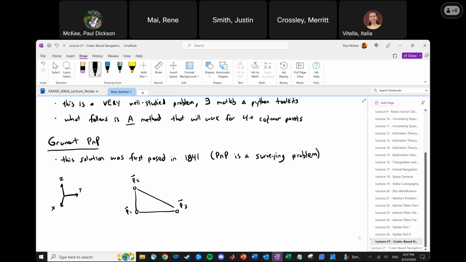Then let's say that there's an observer out here somewhere, and that's you. You're the observer. And you measure a line of sight direction to P1, which we will call U1. Oh, sorry, that's P2. Whoops, there's U2. Here is U1. And then here, let's try that a little harder. Here, good enough, is U3.